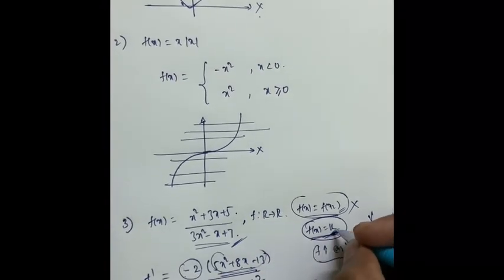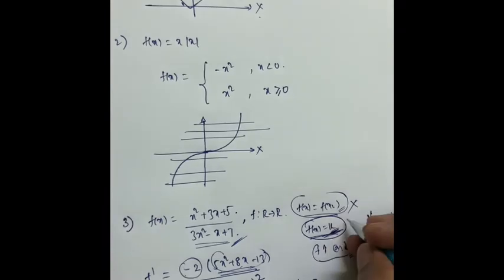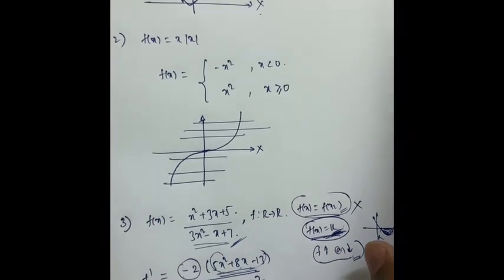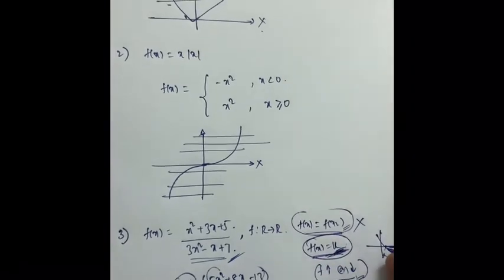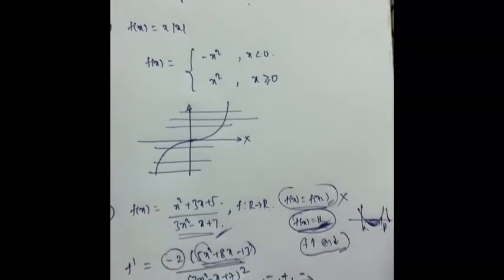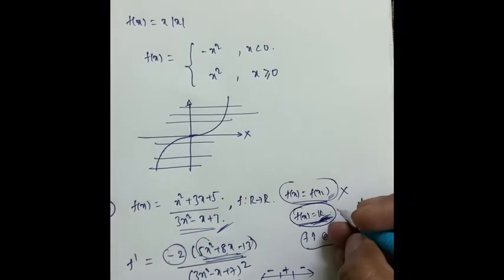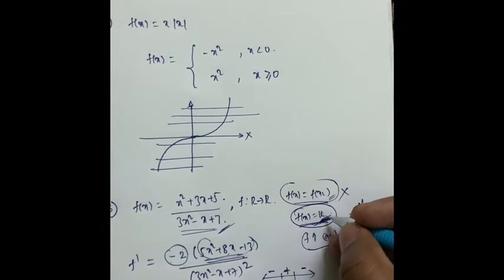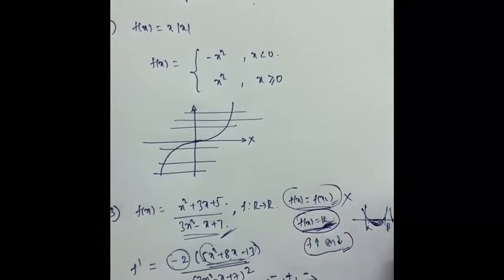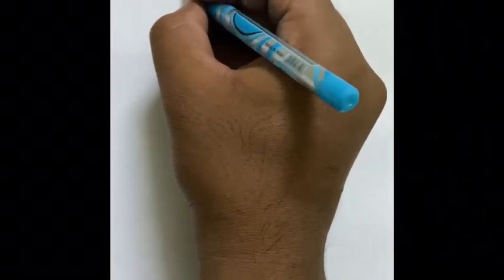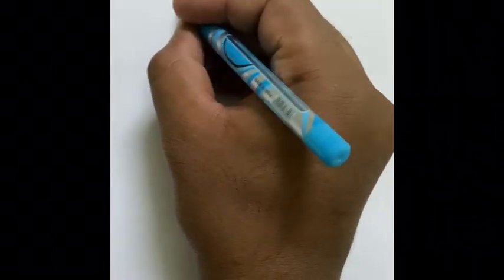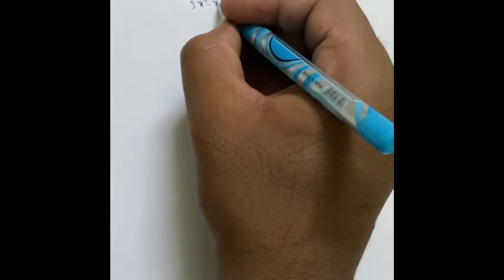Now we will try to do it using this method, f of x equals to k. So what is the rule? If for some k, f of x equals to k has more than one solution, then it is not 1 1. So x square plus 3x plus 5 divided by 3x square minus x plus 7.